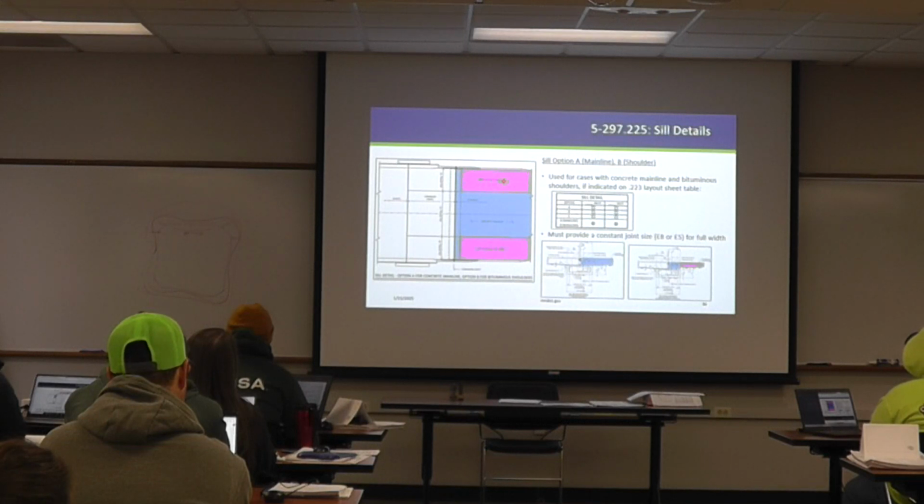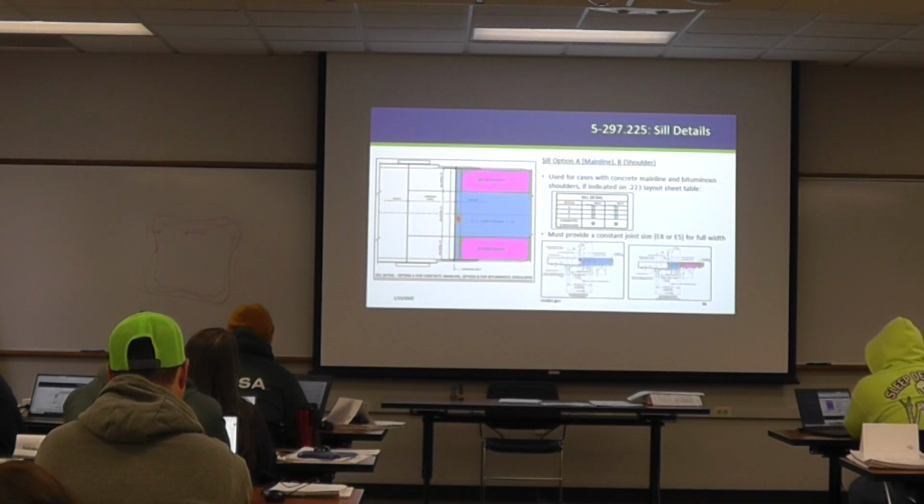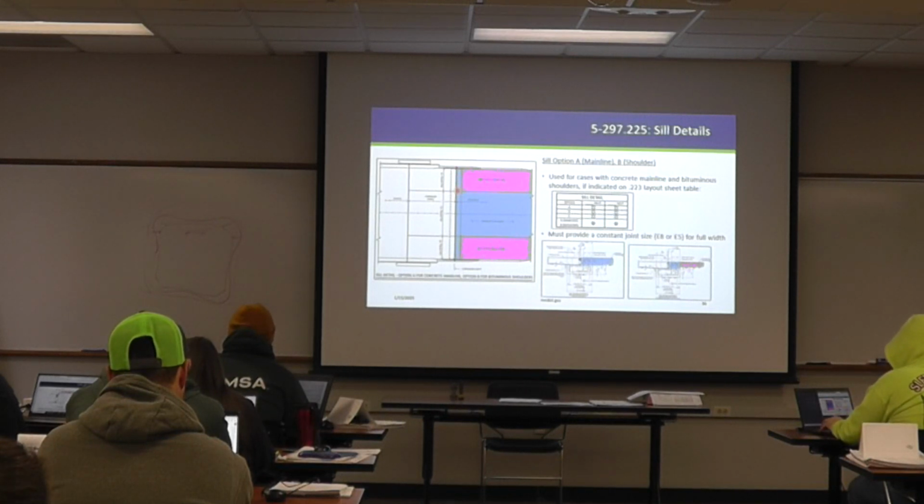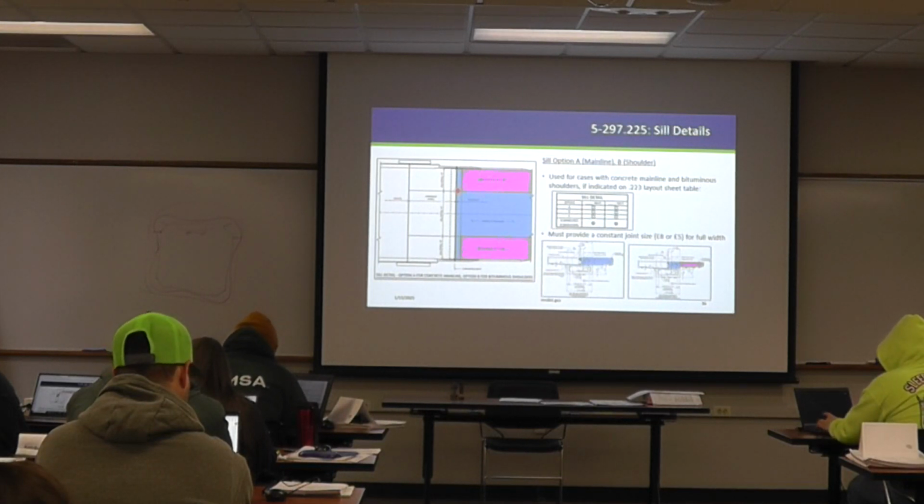Concrete mainline, bituminous shoulders, but you still have this concrete lug required all the way along your approach panel, and that's because you're trying to make sure that this expansion joint material can extend all the way out as well. Your approach panel is still going to want to expand and contract how it wants to, and so you need to make sure you're providing adequate expansion for that.